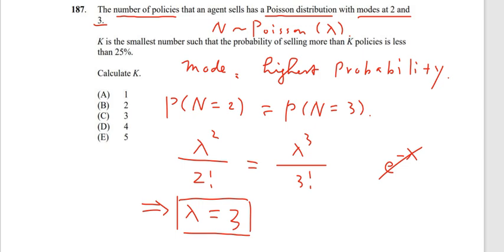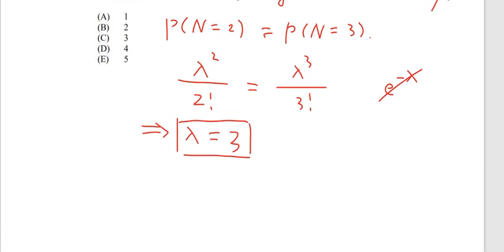Okay, so now we can solve the problem. Once lambda equals 3, we need to find the smallest number k such that the probability of more than k is more than 25%. So less than or equal to this is 75%, right? So we want to find N equals 0 or 1 or 2 and so on, then find the k, adding them up such that this is at most 0.75. So we just check this.